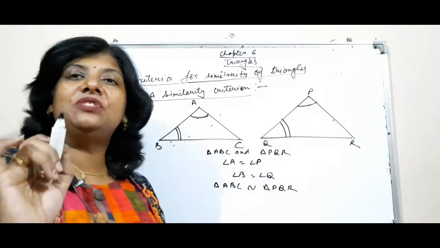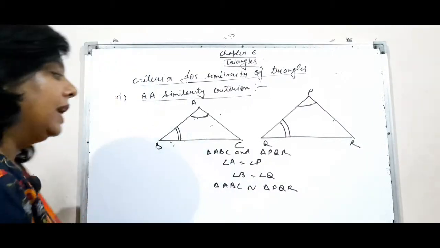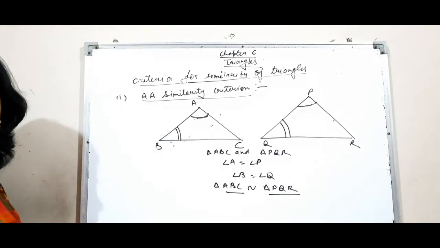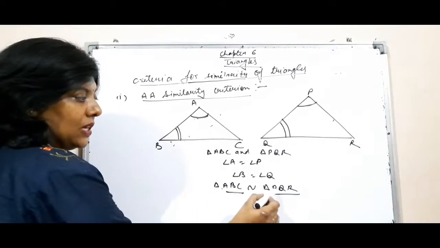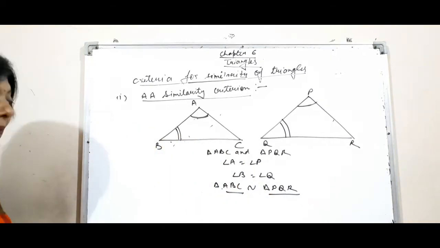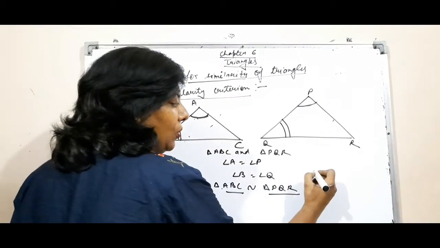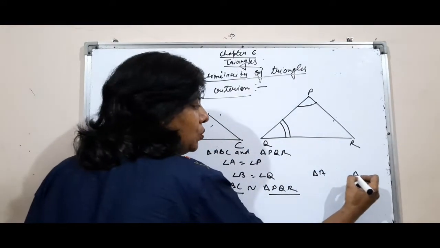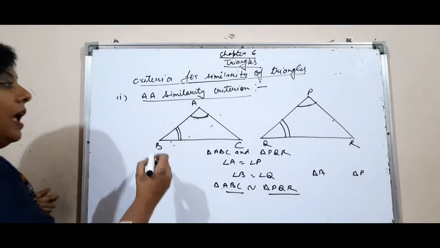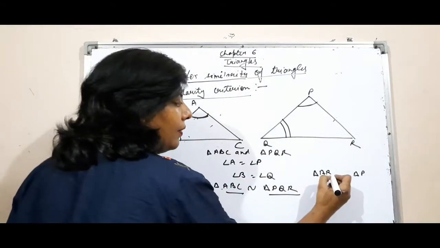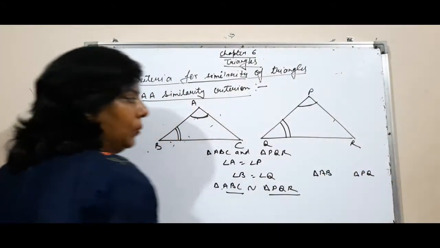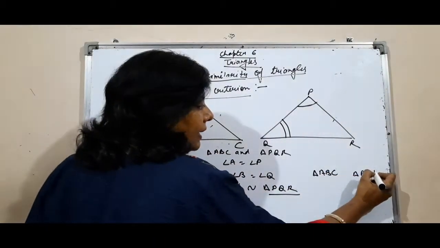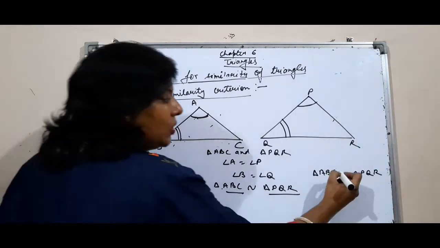And moreover, there is one more thing, students. If ABC is similar to PQR, it means there is a correspondence between A and P. Suppose you want to write angle A equals angle P, angle B equals angle Q. Only one vertex is left, that is C and R. Therefore, the third is also equal.